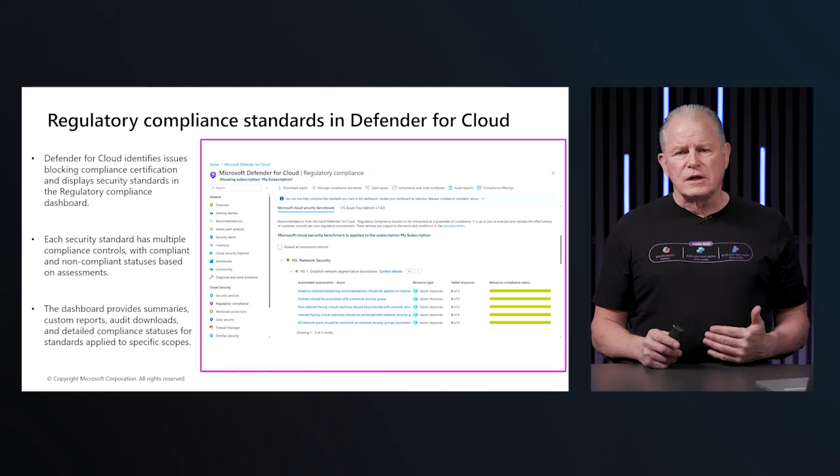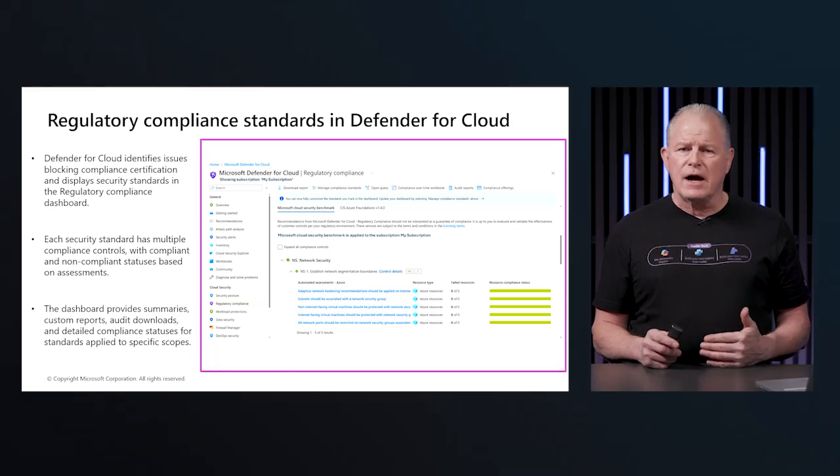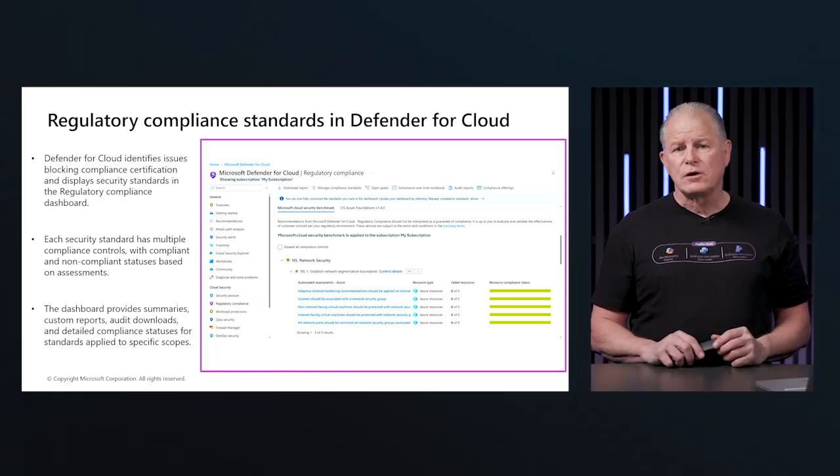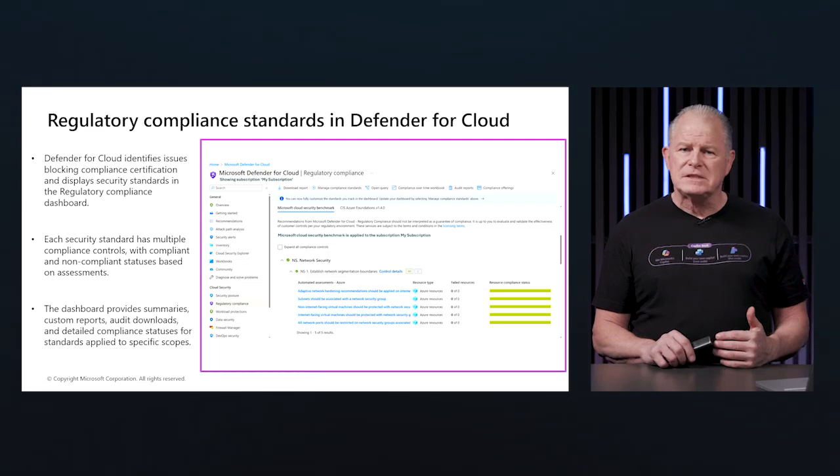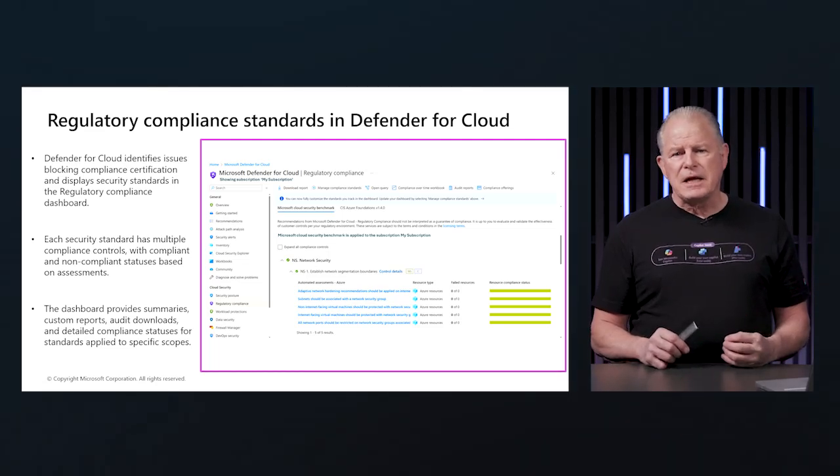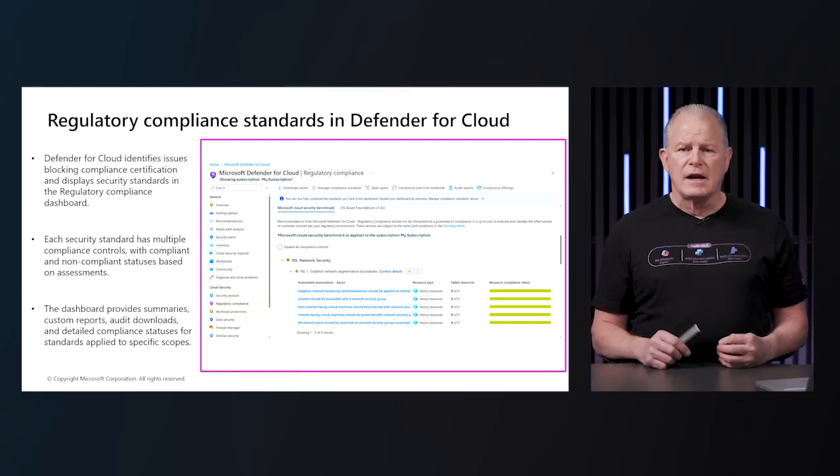One of the key security standards in Microsoft Defender for Cloud is the Microsoft Cloud Security Benchmark, or the MCSB. This benchmark provides prescriptive best practices and recommendations to help improve the security of workloads, data, and services on Azure and in multi-cloud environments.